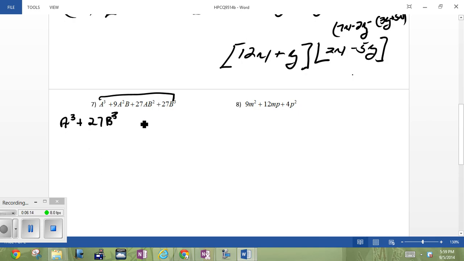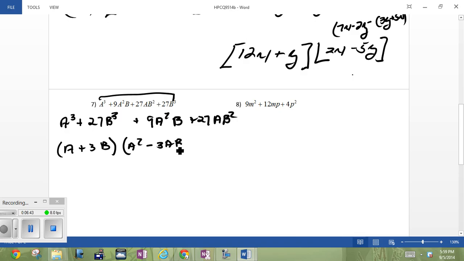Then I have the remaining terms, plus 9a squared b plus 27ab squared. This problem was fun, and you probably don't agree, but this is a sum of cubes, so that's a plus 3b, times a squared minus 3ab plus 9b squared.